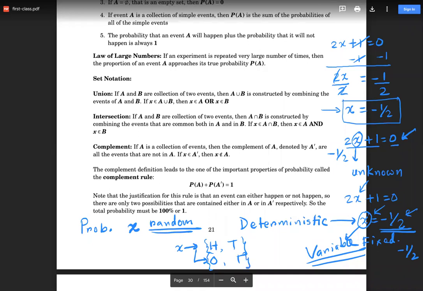But the difference between this variable and this variable is that this one is completely fixed, whereas this one is completely uncertain or random. You do not know. The only way you will know what value X will take is by actually tossing a fair coin. When you toss it, you either get a head or a tail. And that's why it's called a random variable.